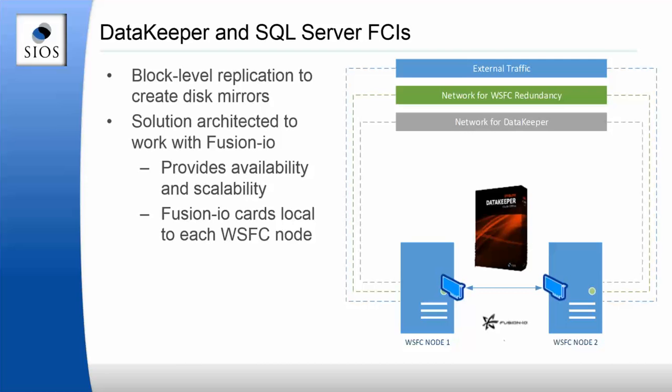You shouldn't use either of the cluster networks, whether externally facing or internally facing, because you don't want to jam up regular traffic with I/O traffic. And I've got the picture there of the software doing the replication between the cards in the local nodes.